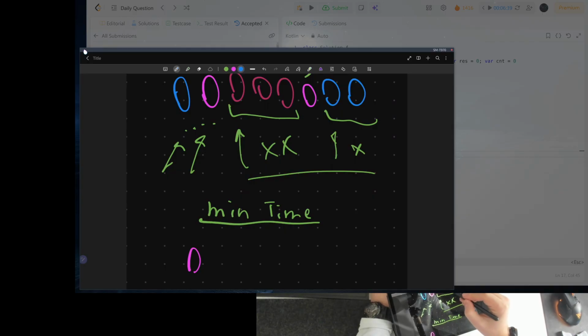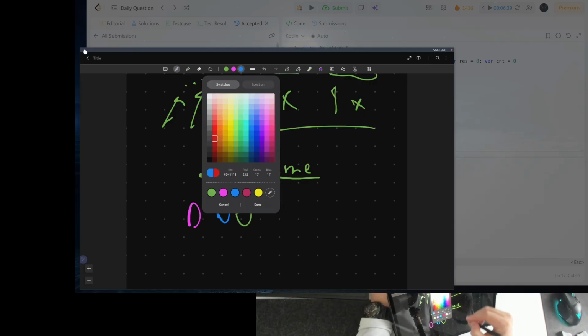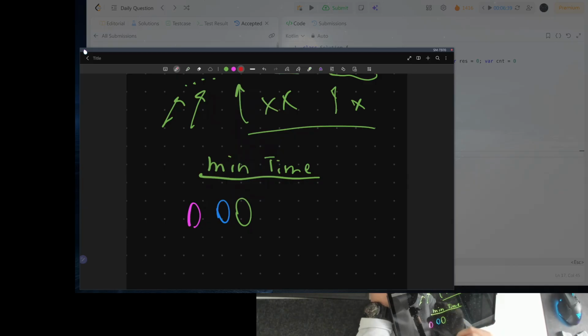For example, if we have those, or maybe even like this, this is already an optimal result.